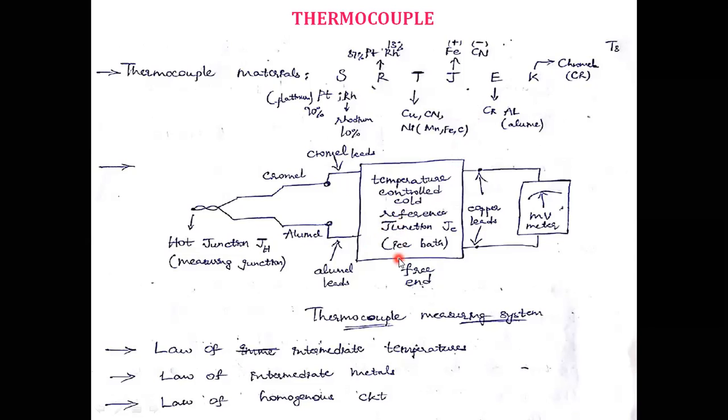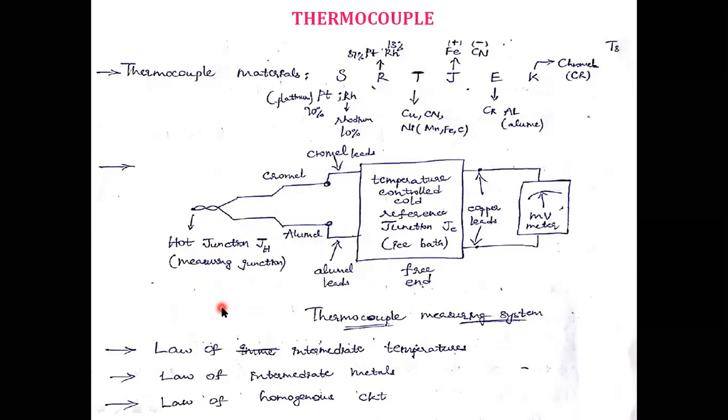The shape of this thermocouple is like this. Two dissimilar metals are connected here. This is the chromel lead, and this is the aluminum lead. This junction I am going to take as the hot junction JH, which is the measuring junction.